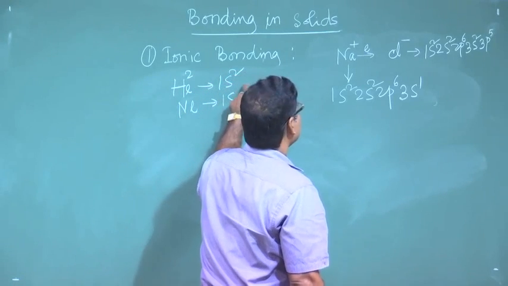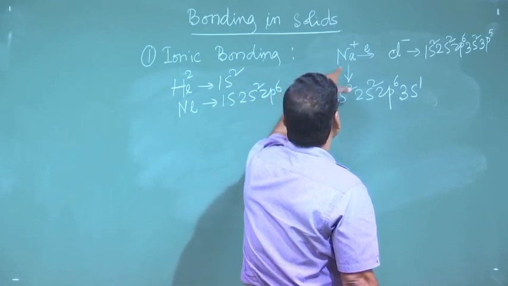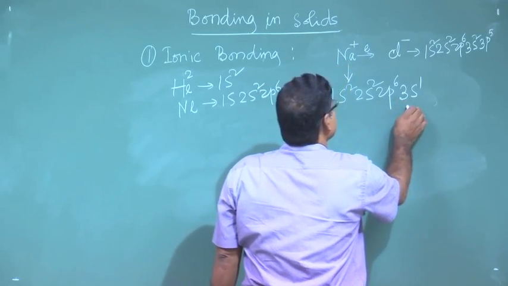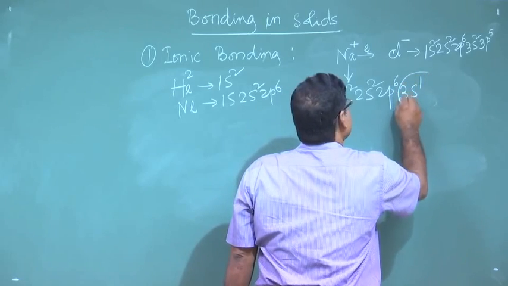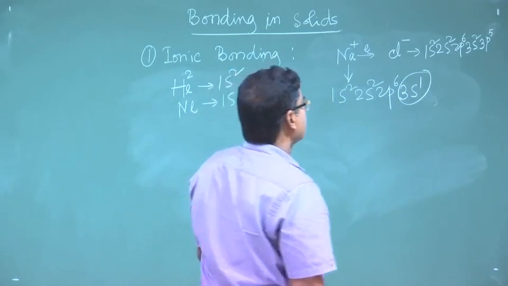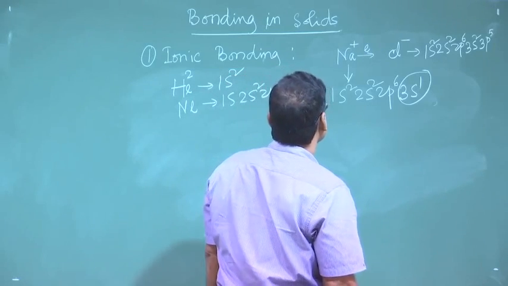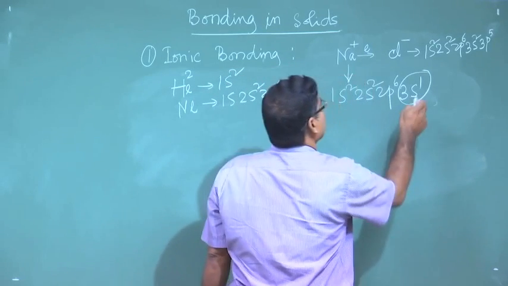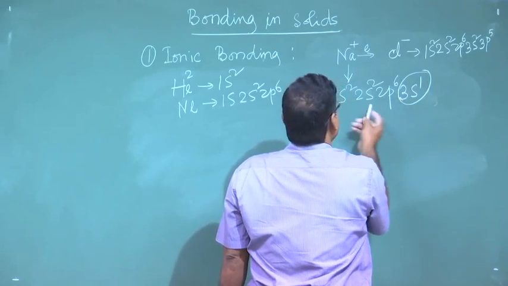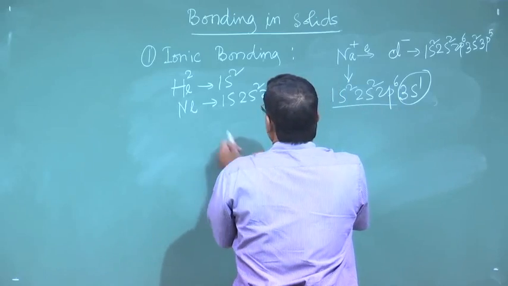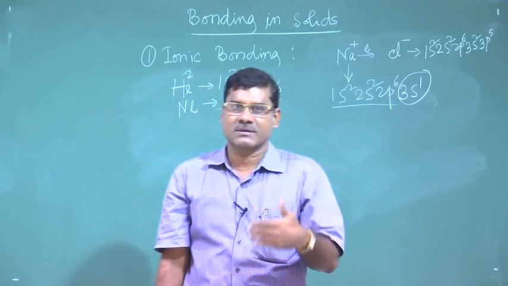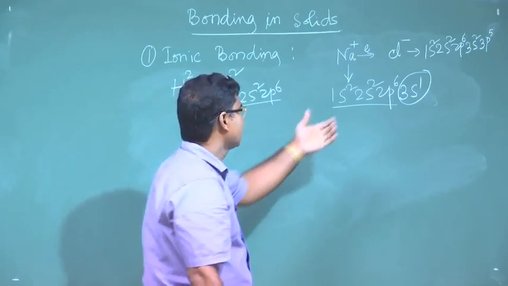So, sodium has 11 electrons. If it leaves this electron, then it will get the configuration of the inert gas neon. In the outermost shell, 8 electrons are there.